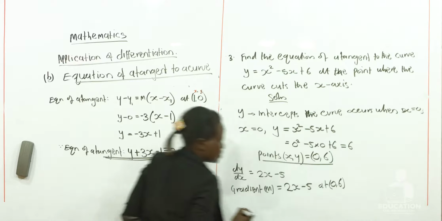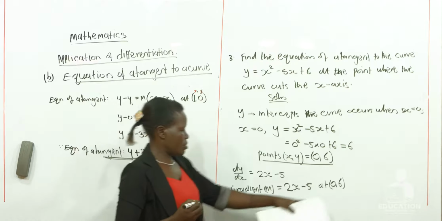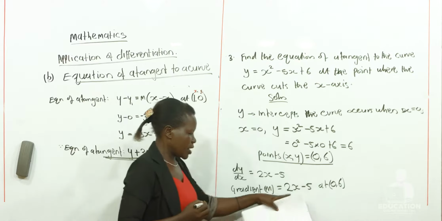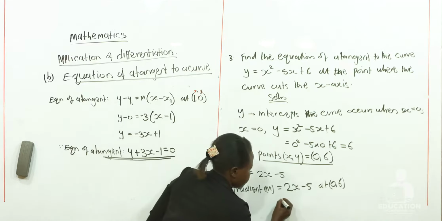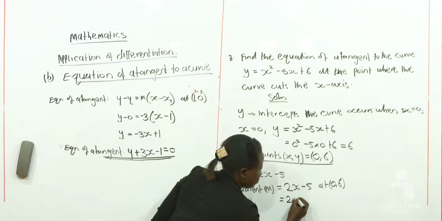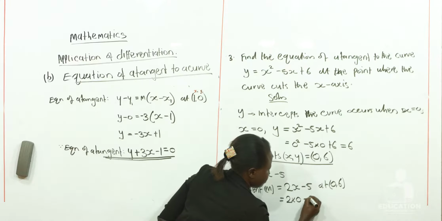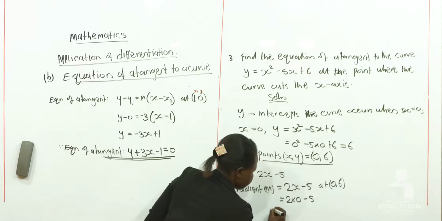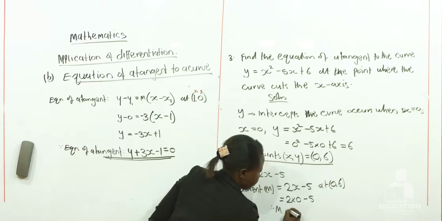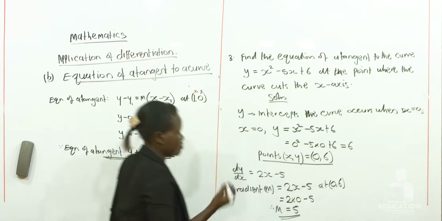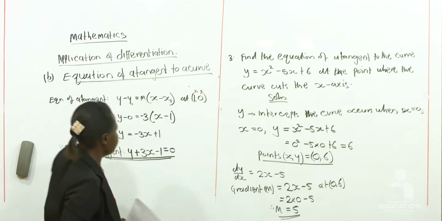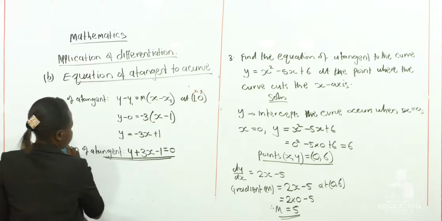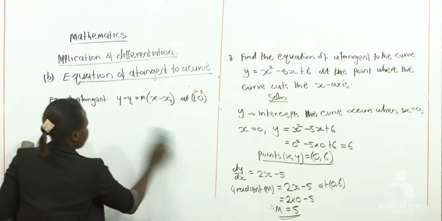Then we substitute the value of x, which will be 2 times 0 minus 5. So the gradient will be negative 5.